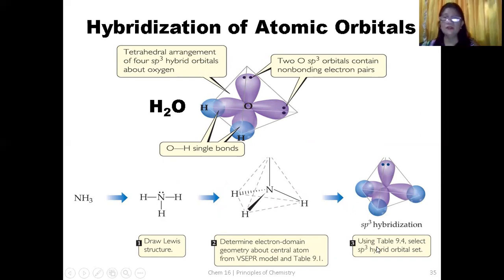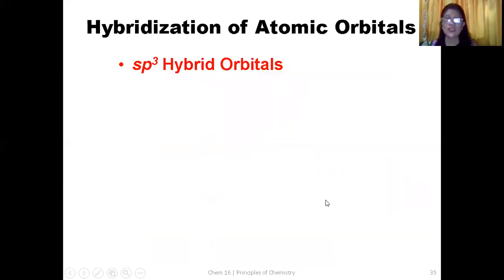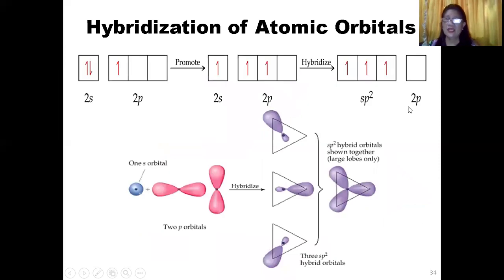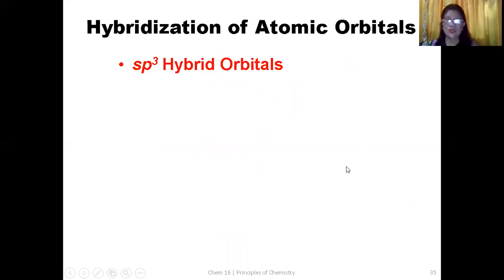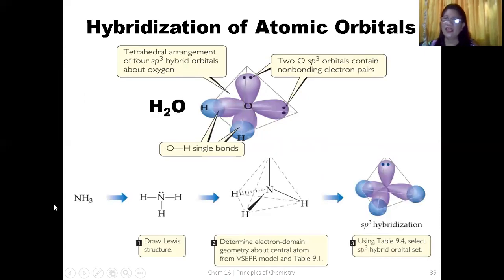Looking into your table of hybridization, this will be promoted to sp3. Earlier it was promoted to sp2. The NH3, or ammonia, will be promoted to sp3 hybridization.